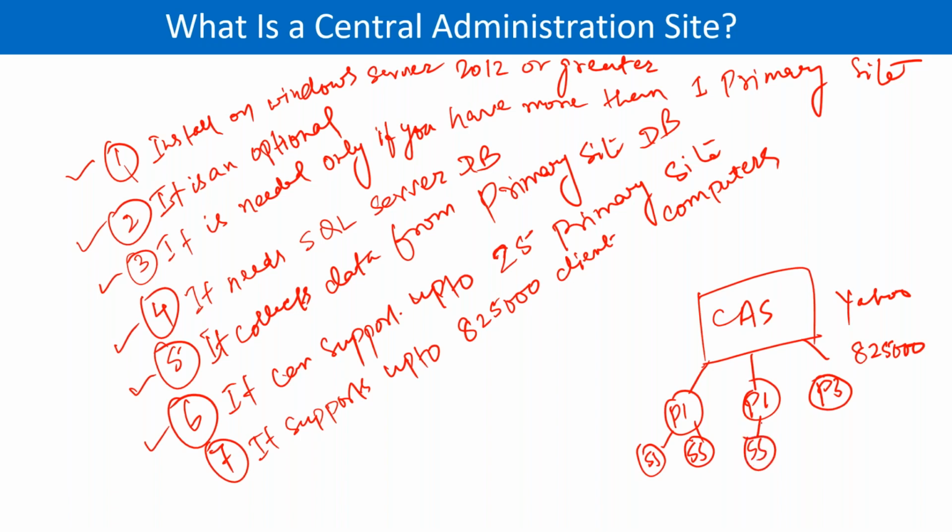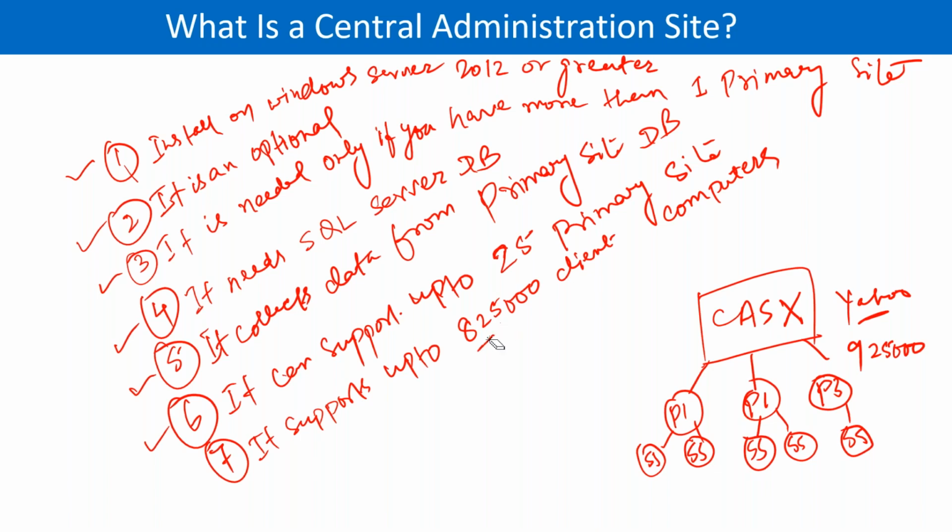If this company has more than 825,000 devices, let's say 925,000 devices, then one CAS will not be sufficient. You will have to install another CAS because it is going above the limit.